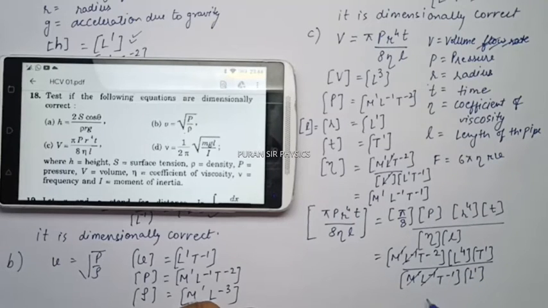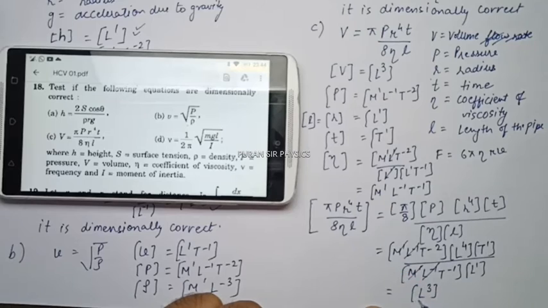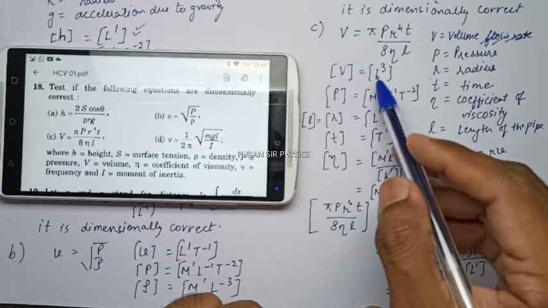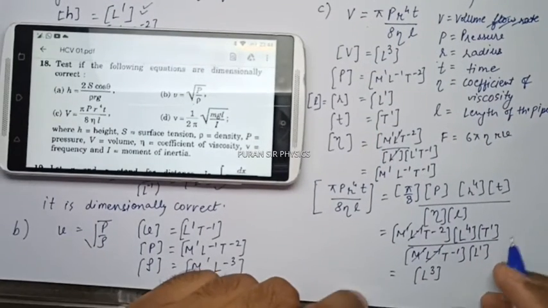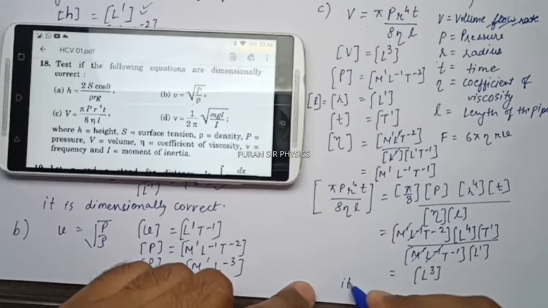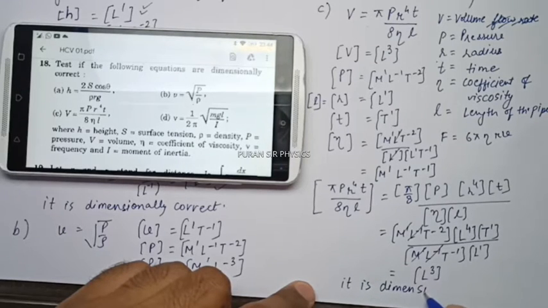So what we'll have is L raised to power 3, because here L raised to power 4 is there, here L raised to power 1 is there, so the dimension of this thing is L raised to power 3 and the dimension of volume is L raised to power 3, so the dimension of left hand side is equal to the dimension of right hand side. So we can say this equation is dimensionally correct.